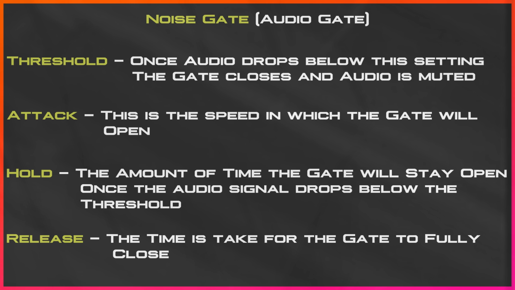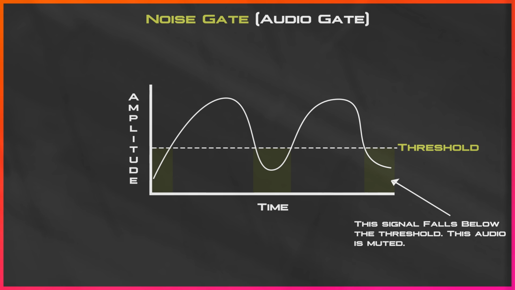All right, and the hold, this is the time that the gate stays open once the audio signal has dropped below the threshold level. This helps to stop the natural decay of a sound from being cut off too early by the gate itself closing. This combined with the release time prevents the noise gate from affecting the sound negatively once the threshold level has been reached.